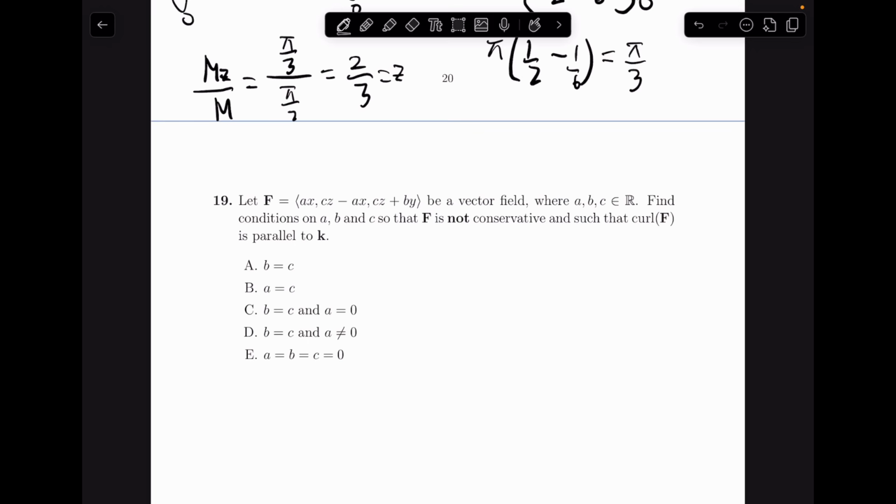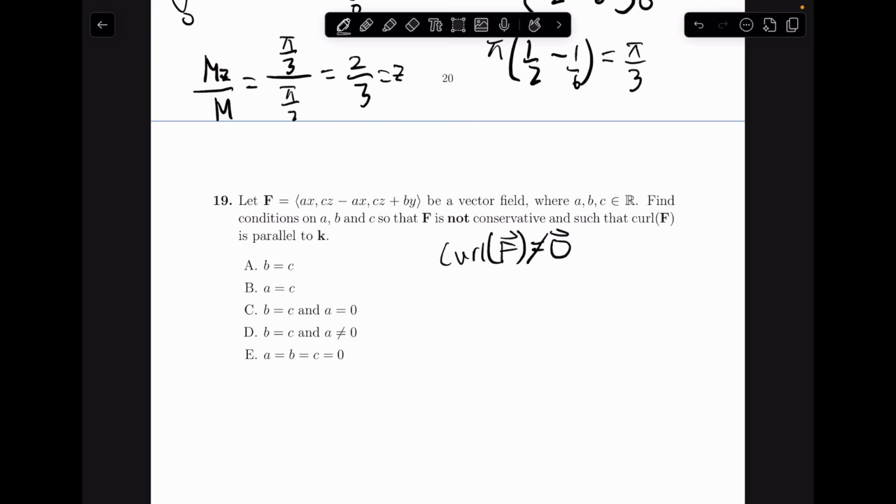All right, so you see two similar related concepts. Being conservative means curl F is equal to the zero vector. But we want it to be not conservative, so of course we want it not equal to the zero vector. We also want curl F to be parallel to k.